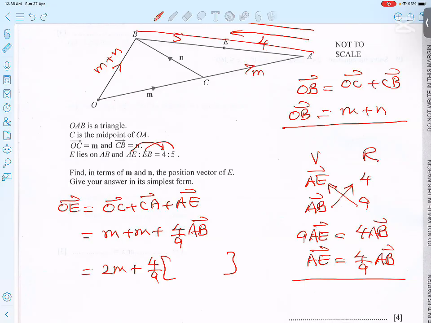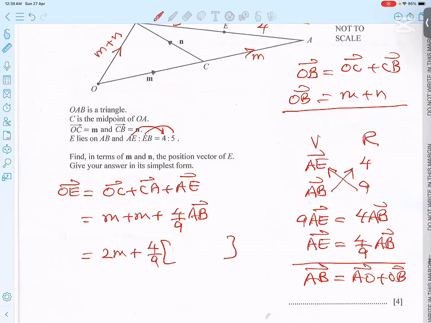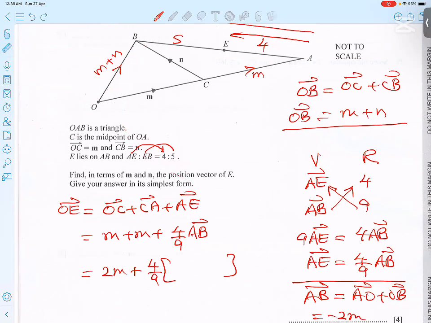So if I'm looking for the AB vector, it is equal to A to O, O to B. So I'm writing here, AB vector is the path A to O plus O to B. A to O is going backwards, opposite direction, negative 2m. And O to B is actually m plus n.